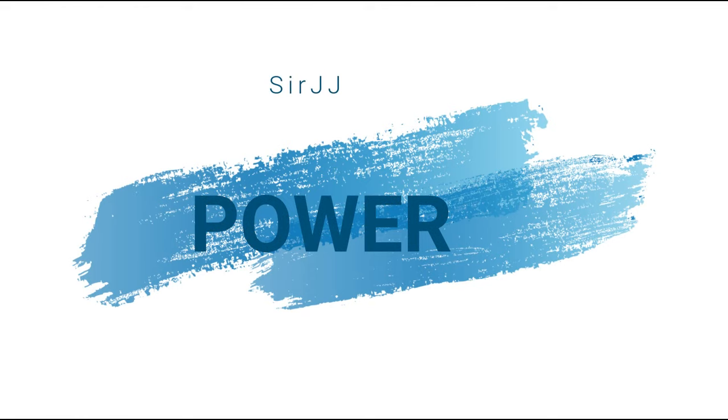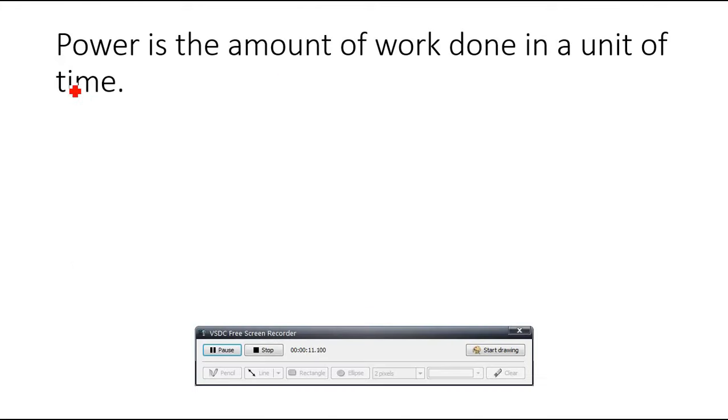Since you already know how to solve for work, we can now proceed to our next lesson, which is all about power. In physics, power is still connected to work because it is defined as the amount of work done in a unit of time. So it's the amount of work that you will be able to do in a specific time frame.